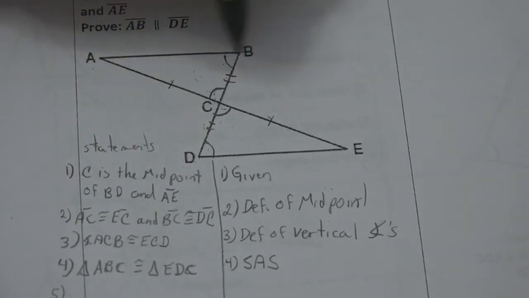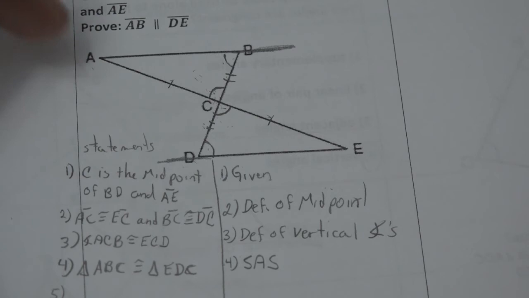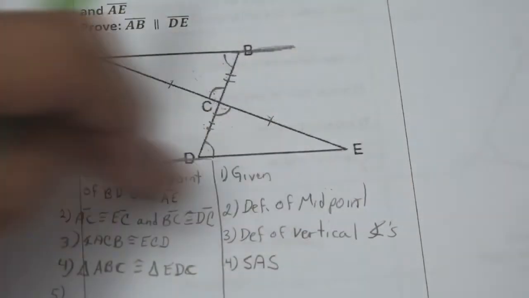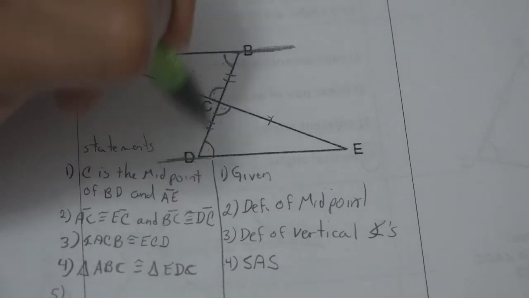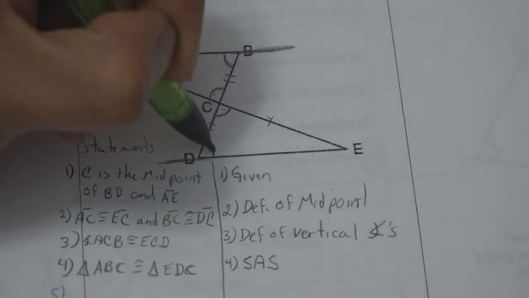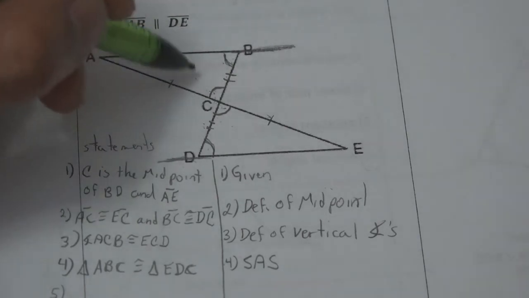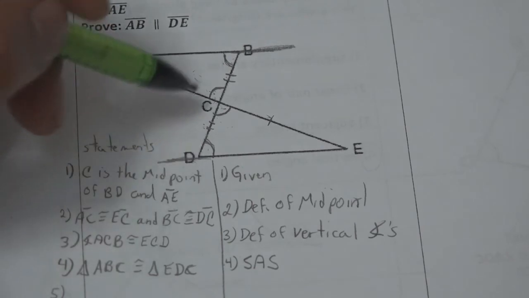And it is true. If you extend this side, remember what I said, it's always valid to extend the sides, then you end up with a pair of parallel lines. And this is a transversal. If we look at this angle right here being congruent to this angle right here, because the two triangles are already congruent, these angles must be congruent.